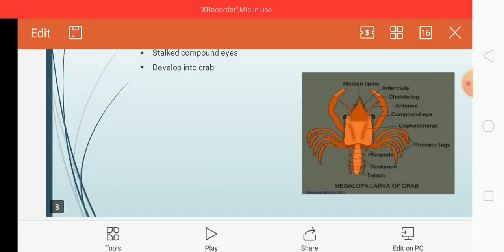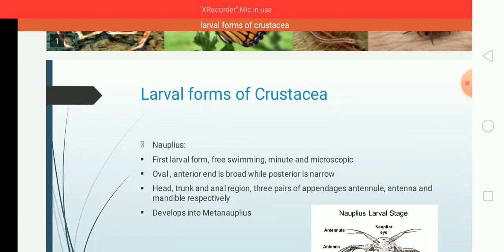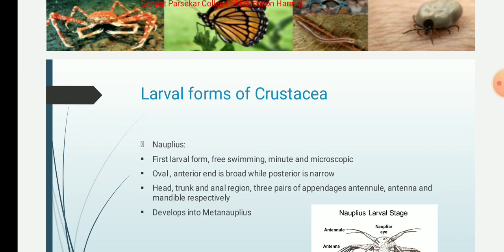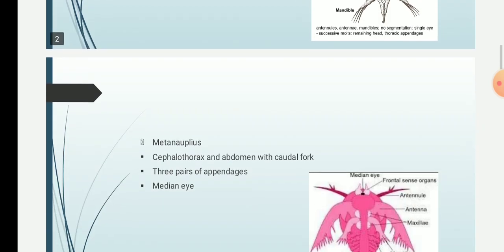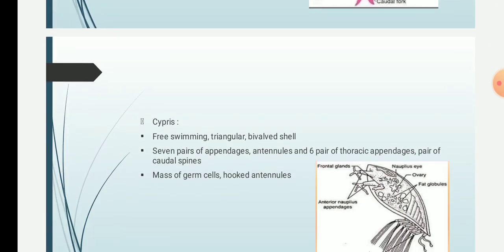Quickly we will revise the larval stages of crustacea. The first larval stage is the Nauplius larva, the most common larval form of the majority of crustaceans. The Nauplius larva is the first larval form, and it will develop into the Metanauplius larva or the Cyprus larva.